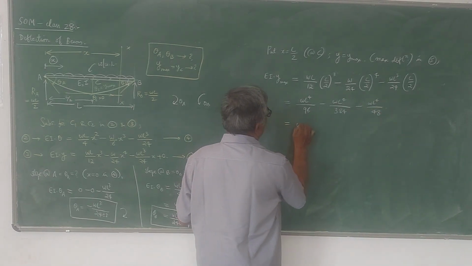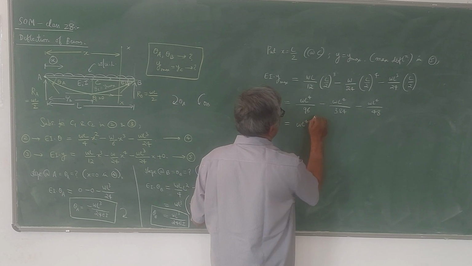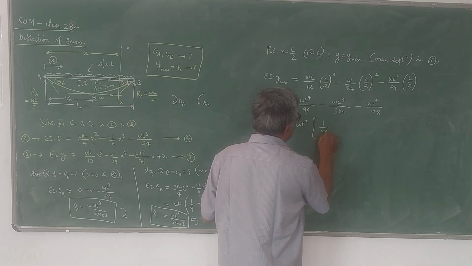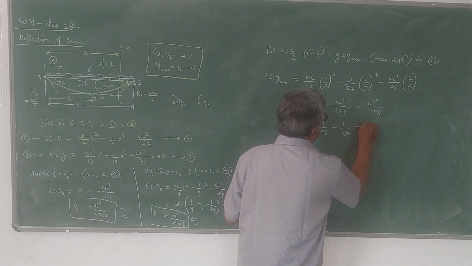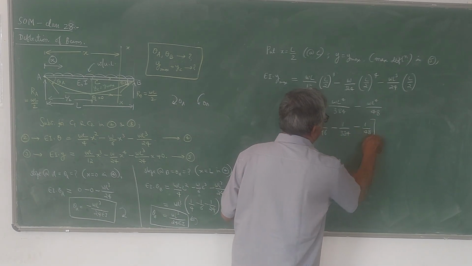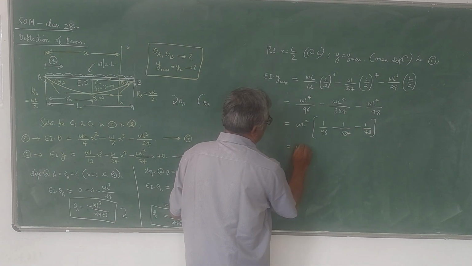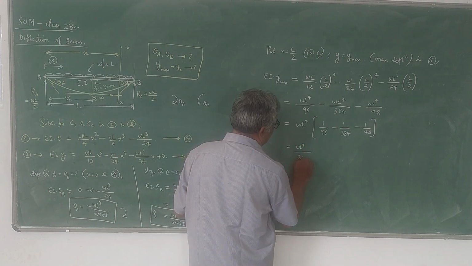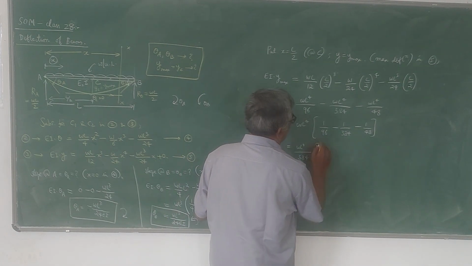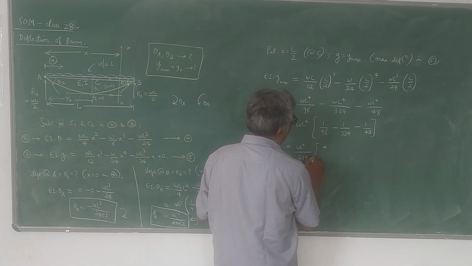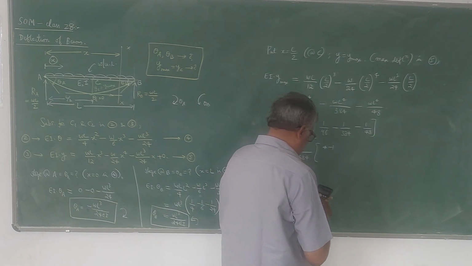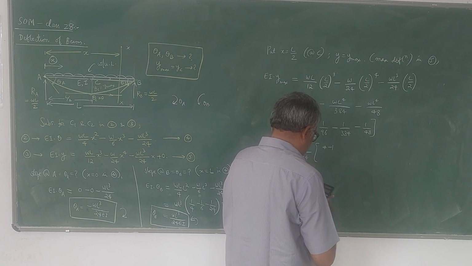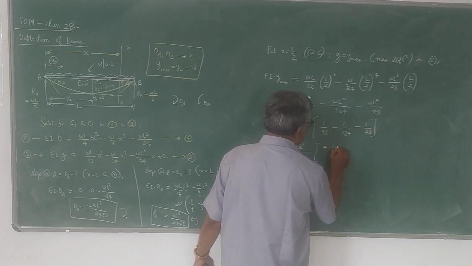So I will take W L power 4 common here: 1 by 96 minus 1 by 384 minus 1 by 48. The LCM of these three is 384. So W L power 4 divided by 384 is the LCM. 96 means it is 4 times, minus 1, and 384 divided by 48 is 8, so minus 8.